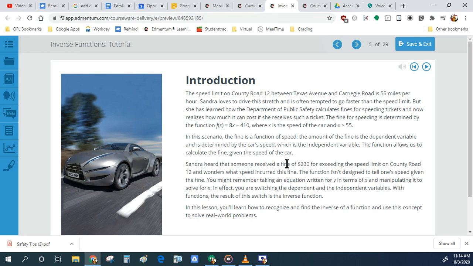You have the output already and you want to figure out what the input was. So in this example, if you have $230 as a ticket, you can plug the $230 into an equation instead of having to add the 410 and divide by 8. You'll already have an equation that you can just plug it into. So that's what inverse functions are.